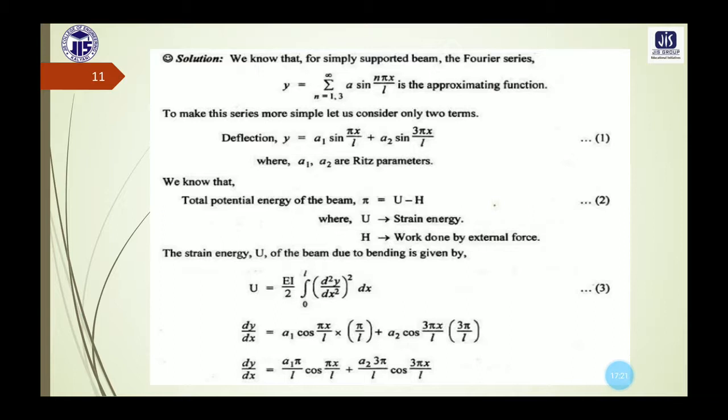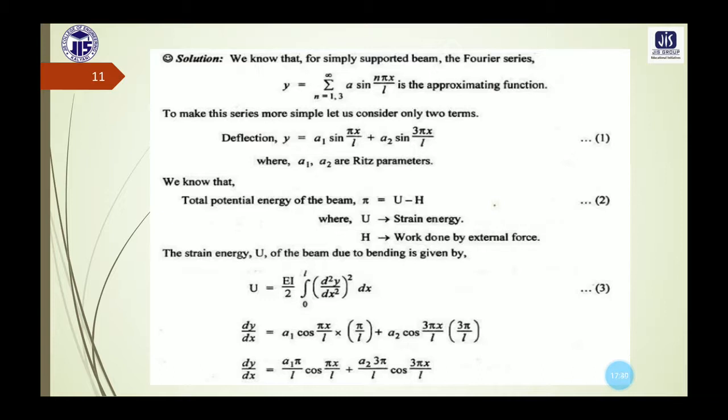So to calculate the value of strain energy in the second step, we have seen the formula, that is EI divided by 2 integration 0 to L (d2y/dx2) whole square dx.